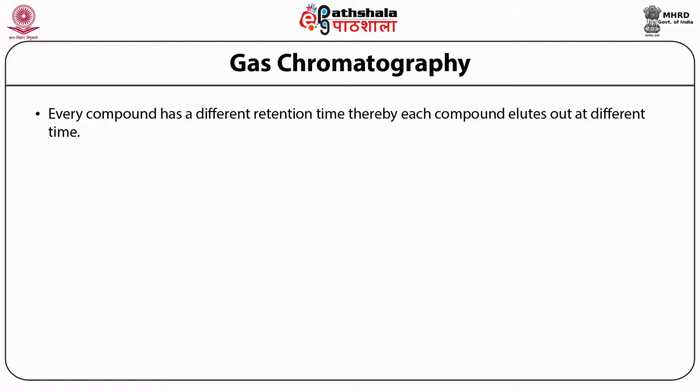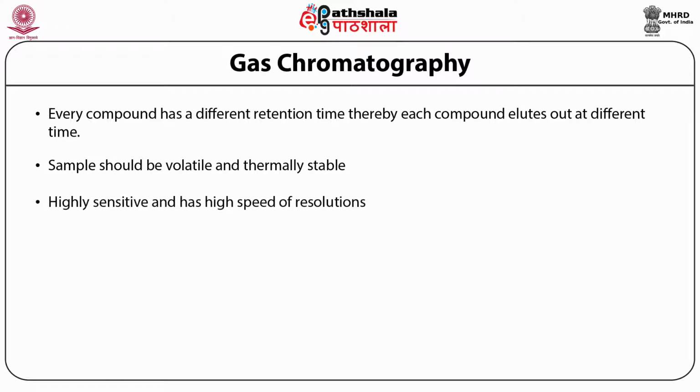Use of this technique is confined to samples or analytes that are volatile and thermally stable. Highly volatile analytes elute out first, thereby marking the inverse proportionality of partition coefficient and volatility of the analyte.